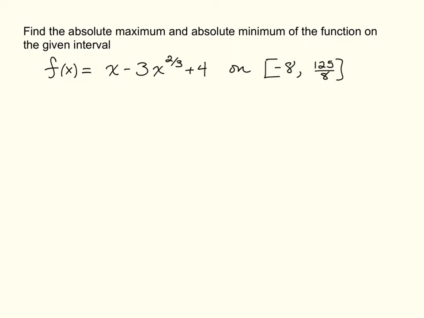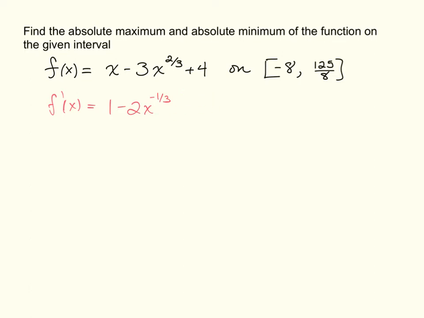derivative. The derivative of f of x is f prime of x, and that equals 1 minus 2x to the negative 1/3 power. The derivative of 4 is 0. We do not need to include that in our derivative.